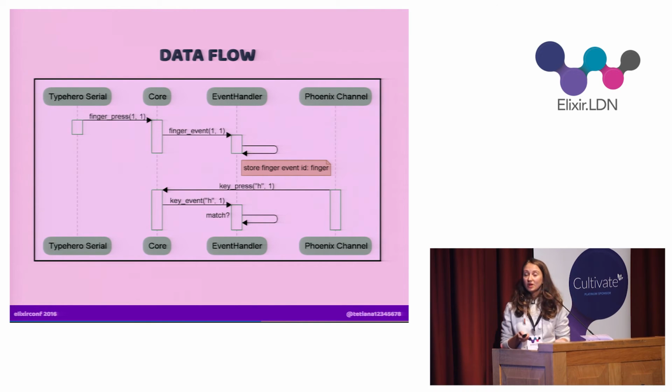And then within the handler, we are going to have a look whether we have an event with this ID already or not. If we do, then we're going to do some matching. If we don't, then we just store it. In a similar way it happens for the key event. So we have the event coming in, and then it goes to the handler, and then we're doing the logic part, saying whether it matches or not.